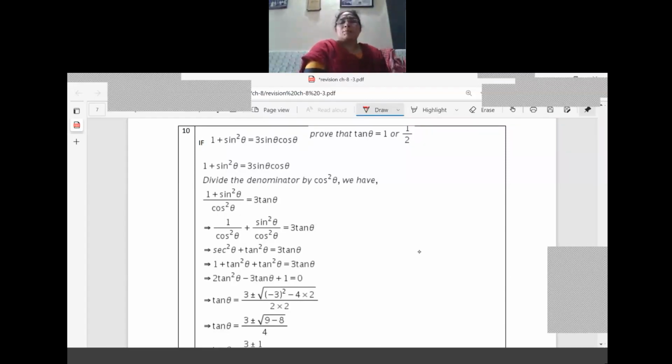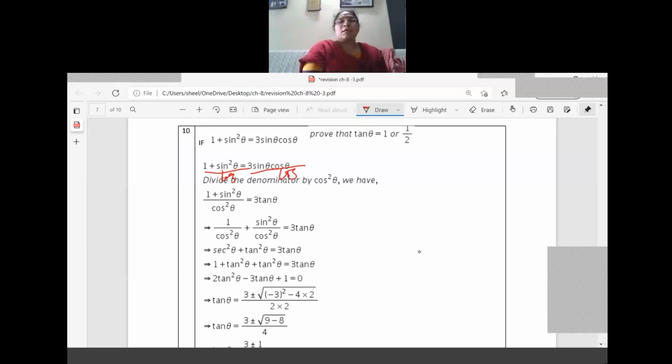So 1 plus sine square theta is divided by cos square theta, so we should divide with cos square theta. Okay, 1 plus sine square theta by cos square theta equals 3 tan theta only. Again, what is the next step? 1 by cos square theta, then sine square theta by cos square theta equals 3 tan theta.